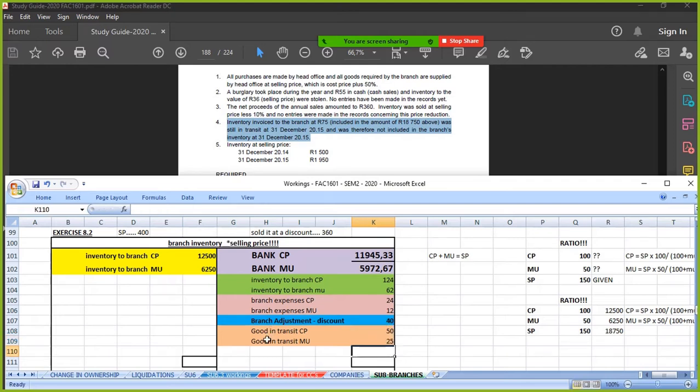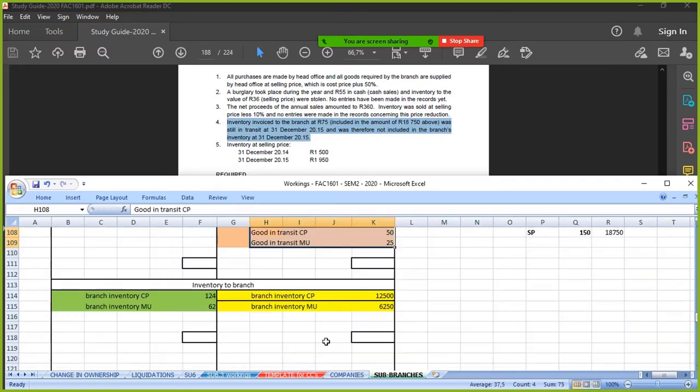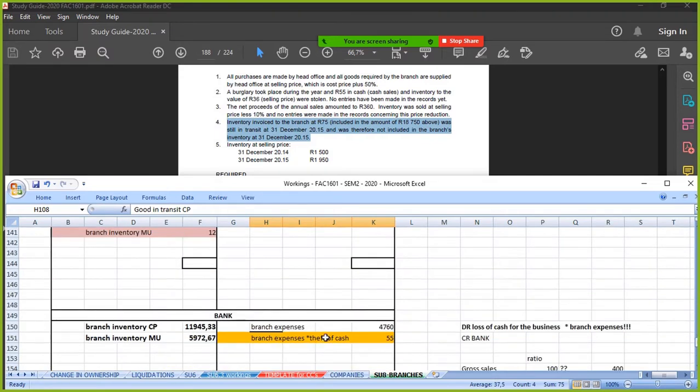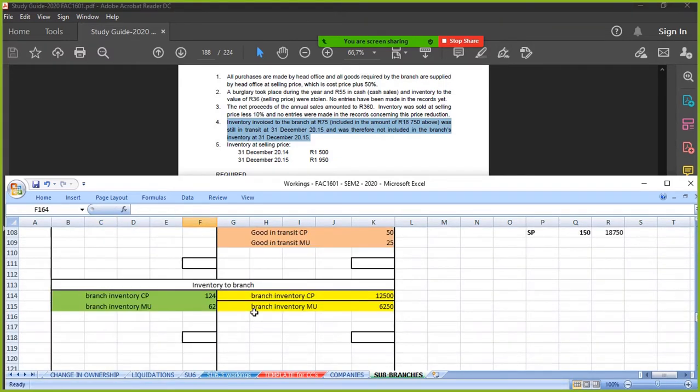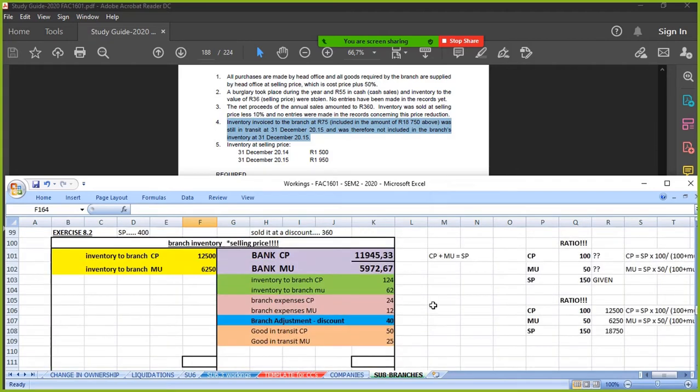Okay, the difference. All right, so that's the portion that will be sitting here in the goods in transit. Okay, what is it? 50 and 25. Okay, happy with that? Does that make sense?